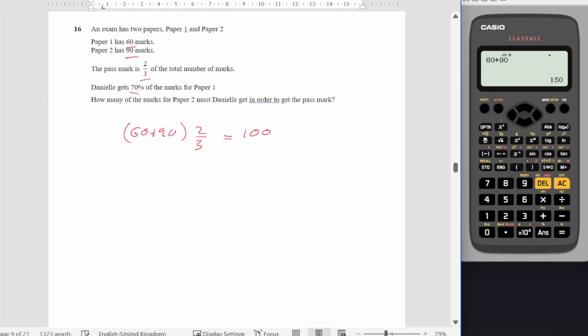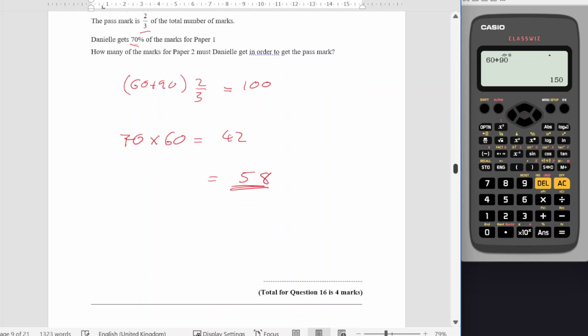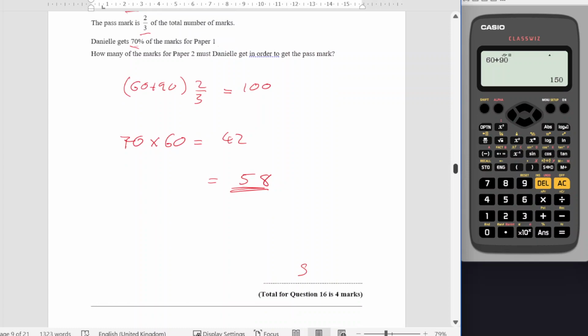And she got 70% on paper 1, so we need to do 70% times 60, which is going to give us 42, which means that she will need 58 on her final paper. I've just done the total that she needs minus the total that she's got. So 100 take away 42 would be 58.